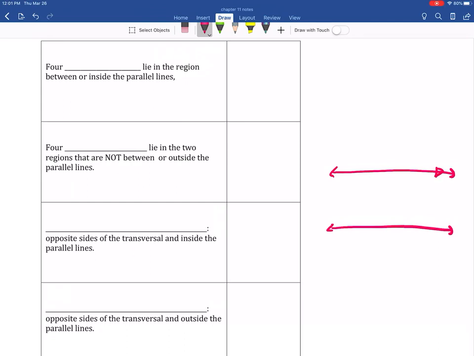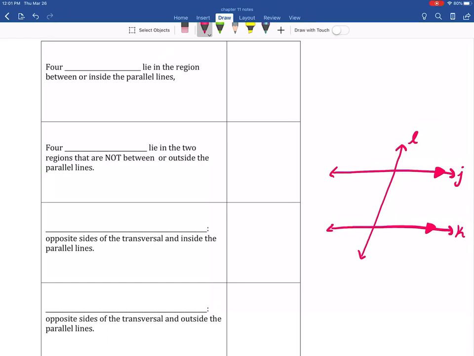So I'm going to have two parallel lines, and I'm going to have a transversal that goes through both of them. J, K, and L. And I'm going to have each of these pairs.